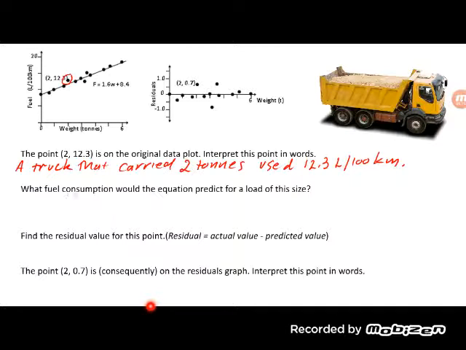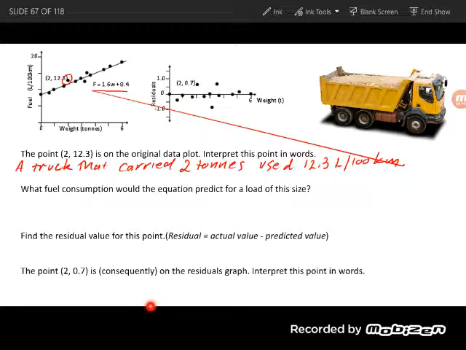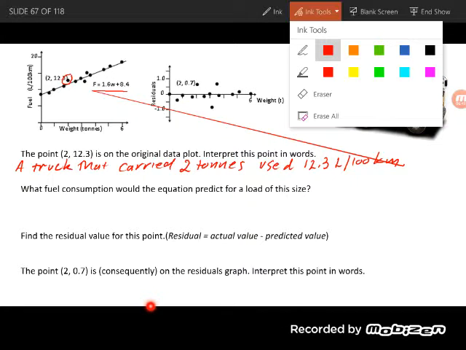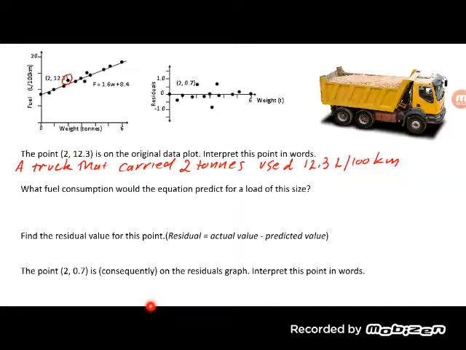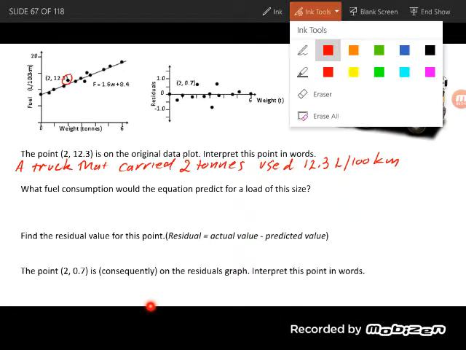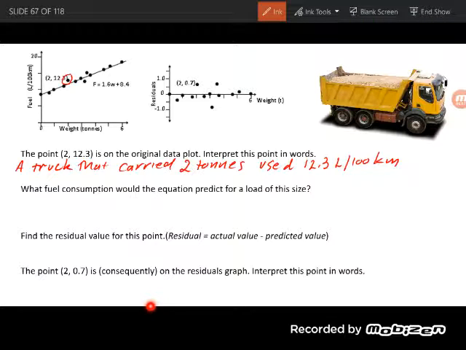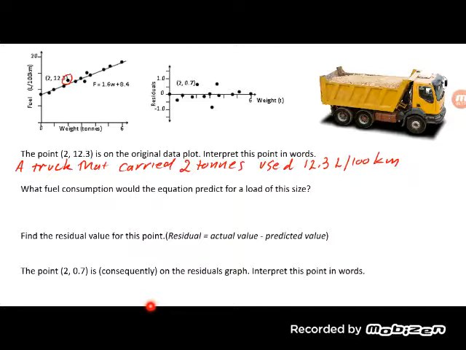Okay, now, what fuel consumption would the equation predict for a load of this size? Well, if we look at our equation, there it is over there. Okay, so we use the equation to make this prediction.